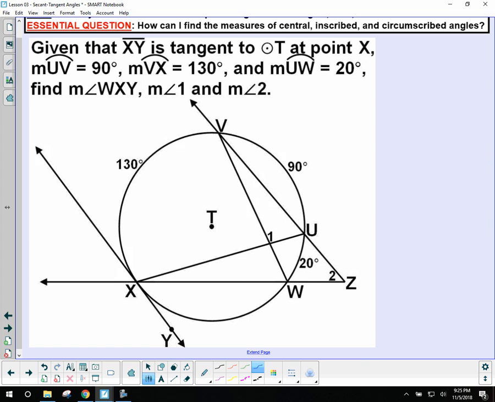For example, all these arcs should add up to 360, right? Here's 130. Here's 90. Here's 20. You only have this piece left. 360 minus 130 minus 90 minus 20 should give us that leftover piece.